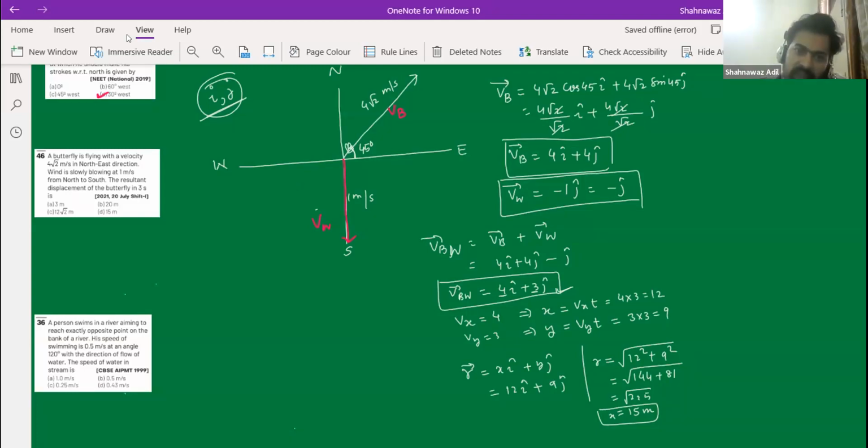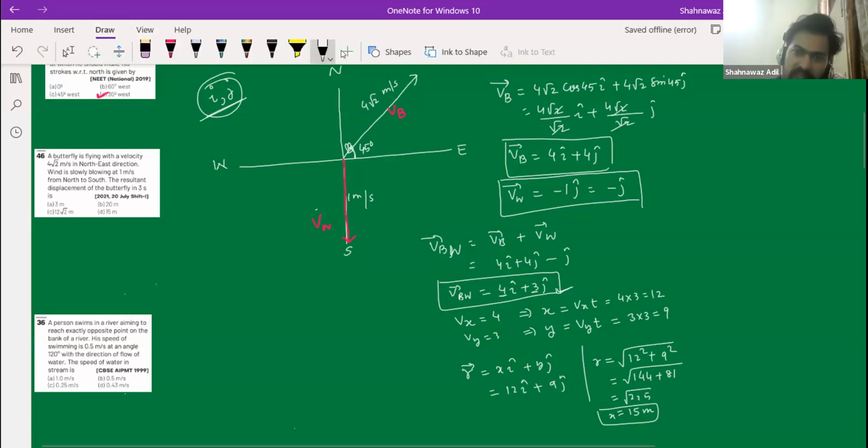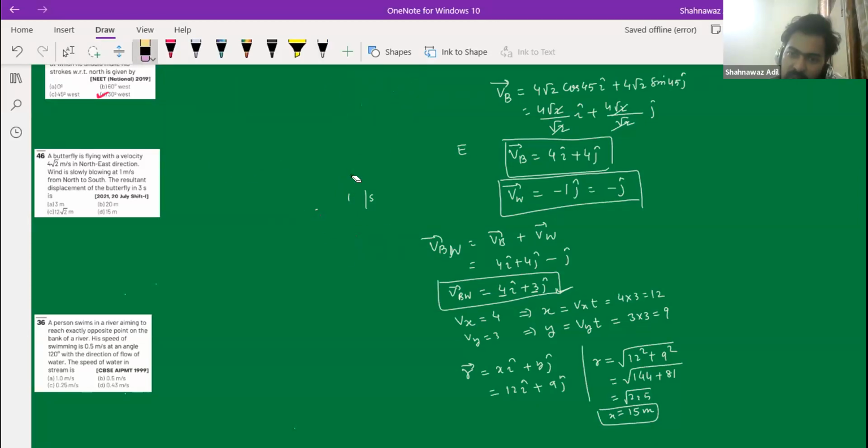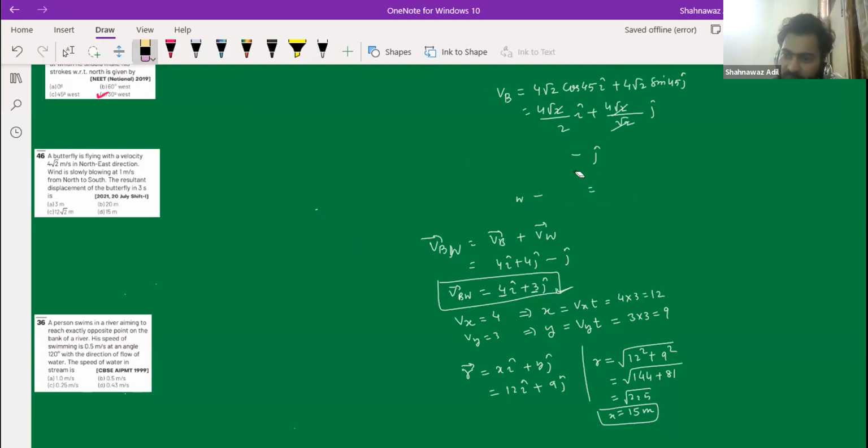So then let us do the next question, right? So the next question is the easier one. Again, the same idea. We want to cross the river exactly opposite, at the point exactly opposite to the initial point. We are following this shortest path. And then for the shortest path, what do we want to find out?